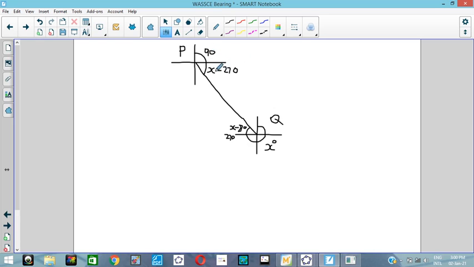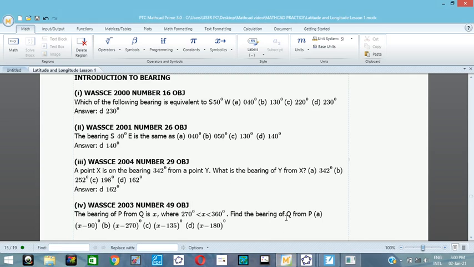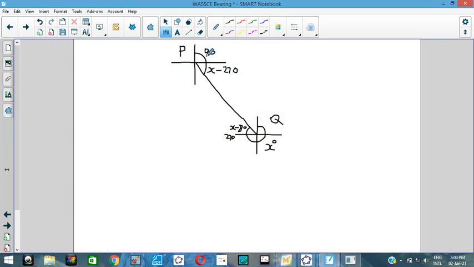So your answer for the bearing of Q from P, coming from P now, is going to be 90 plus X minus 270. Without wasting time, our result is going to be X.